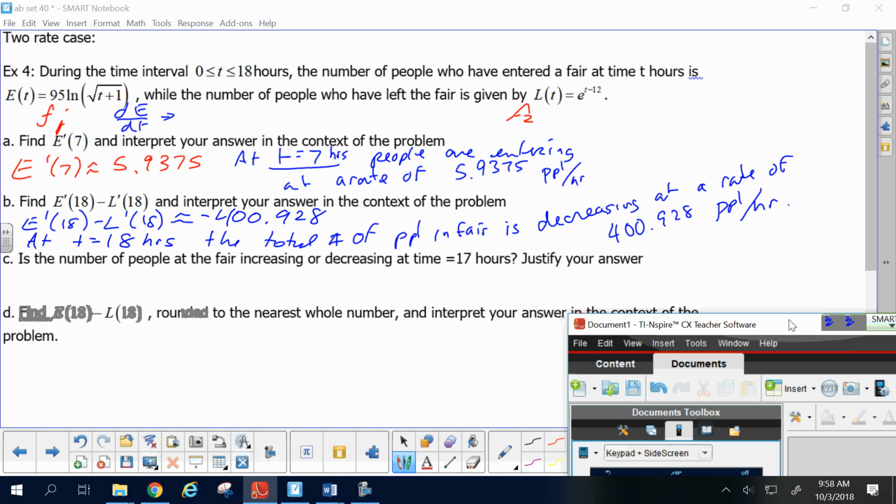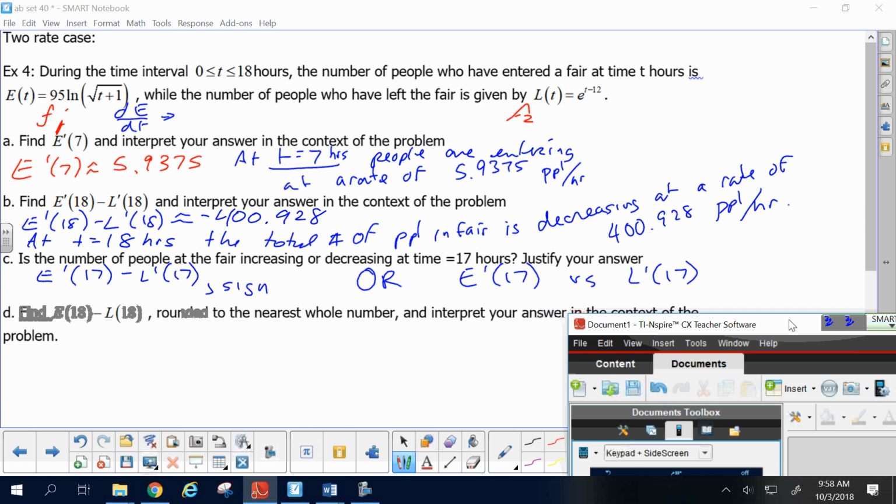I need to either do enter at 17 minus leave at 17 and interpret the sign, or I could just compare the enter rate at 17 versus the leave rate at 17 and just say which is bigger.